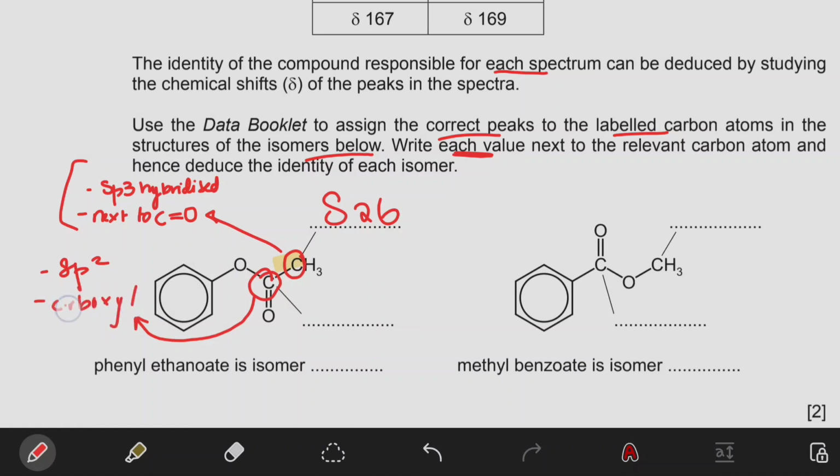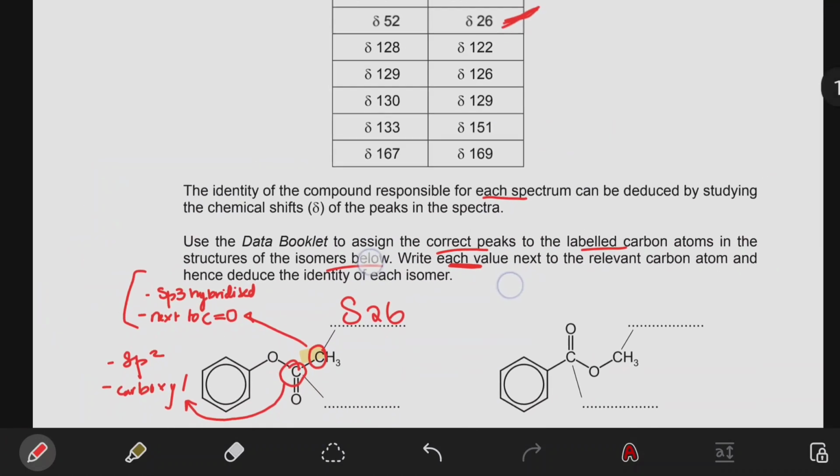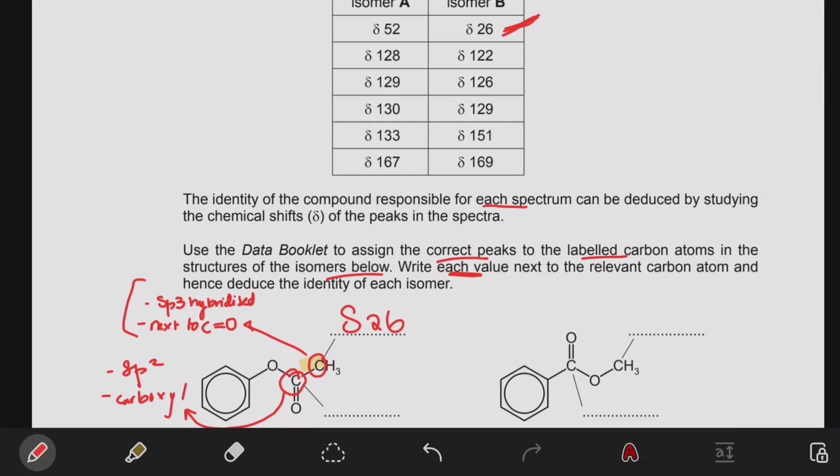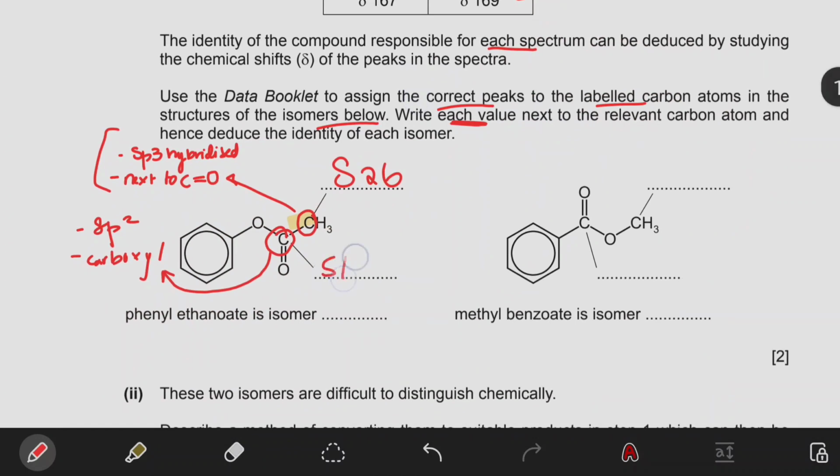Now read off the range given in the data booklet for sp2 and carboxyl. It is 160 to 185. Now look at this table. We already know it's B, but let's look. 162, definitely this one. 169. So this is B.